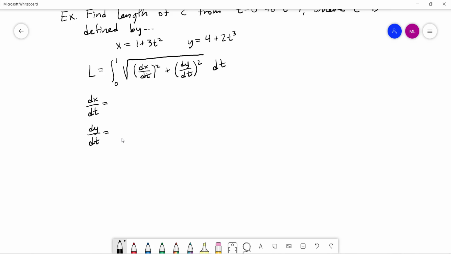So dx dt is going to be the derivative of this with respect to time. I can see right away that that is just going to be 6t. For the other one, I want the derivative of this with respect to t. Again, the constant isn't going to contribute, but this 3 will come down and it'll get 6t squared. So there's the derivatives, and we just need to plug them into our formula.